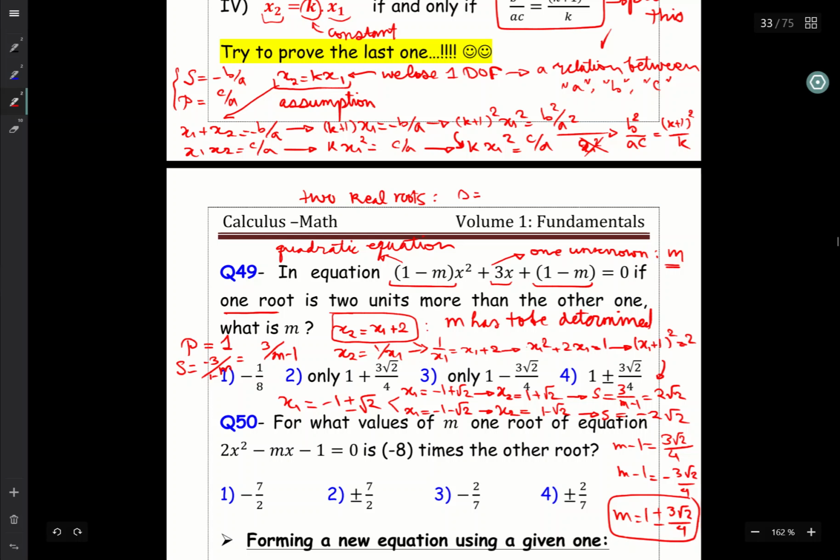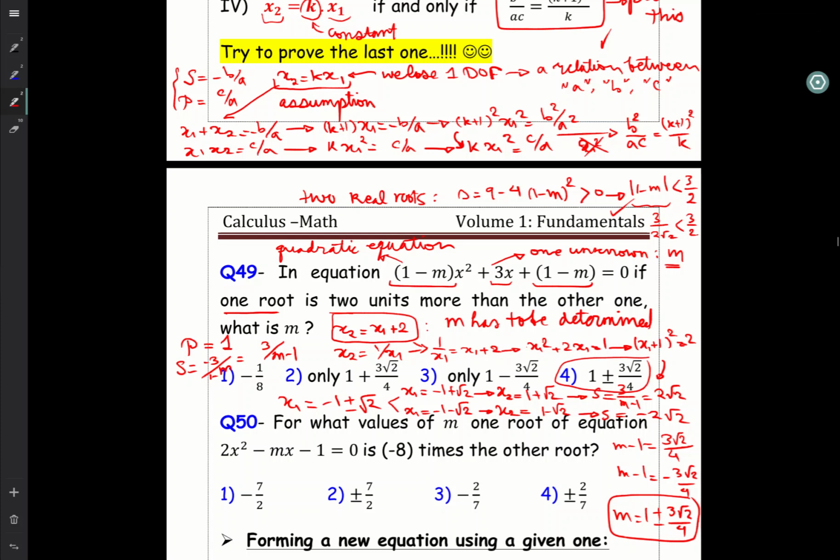Is b squared minus 4ac, and this has to be positive. So 1 minus m has to be less than 3 over 2, right? Or m minus 1. What is m minus 1? M minus 1 is 3 over 2 square root of 2, which is definitely less than 3 over 2. So both solutions are possible. So we choose number 4, okay?